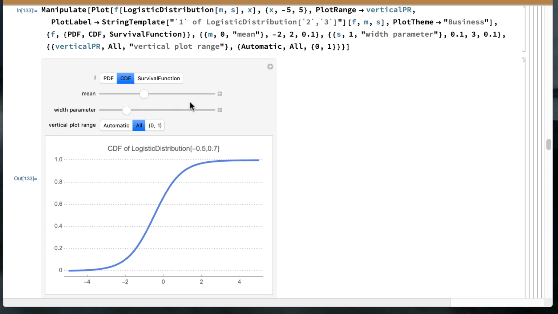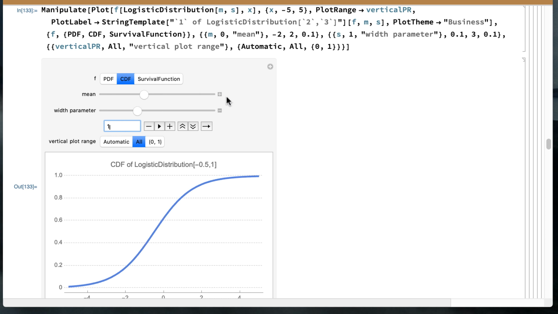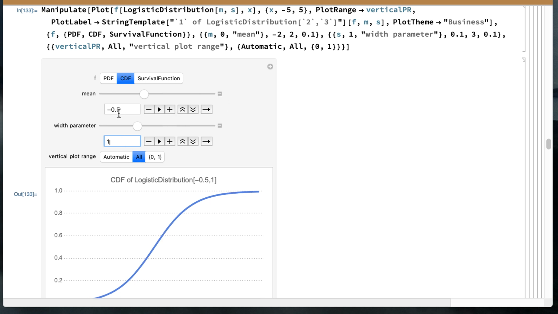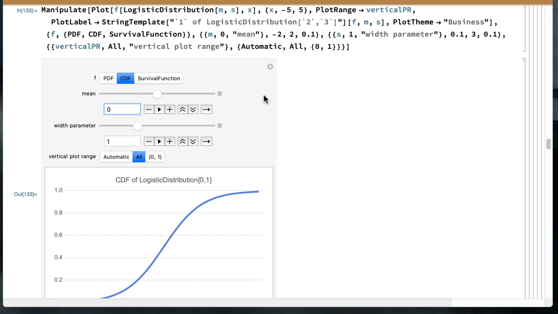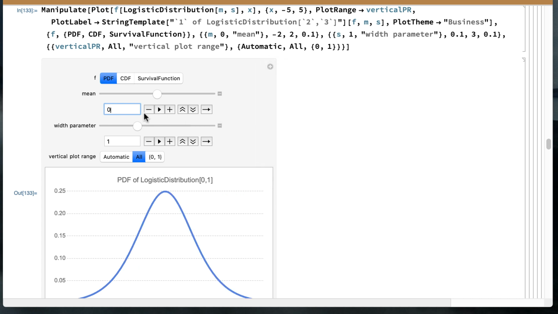There's the CDF of, let's go back to our canonical level here. Let's make the width parameter 1, and our mean, let's set that back to 0. And I forgot, you can click on this and say initial settings, and then it'll just go back. All right, and we don't need to see those anymore.